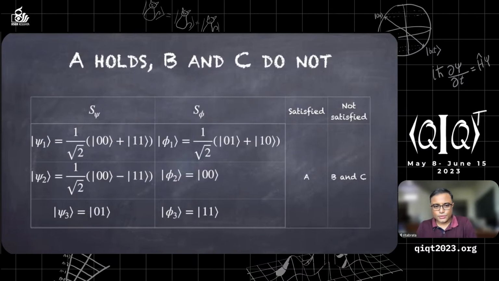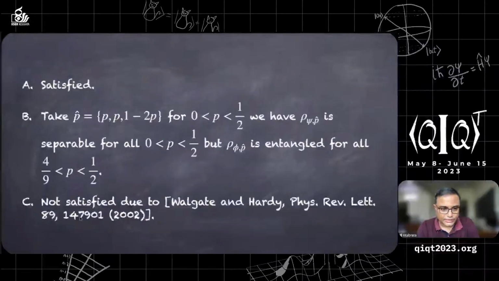So that actually shows that this set is more distinguishable and this set is less distinguishable, and hence there's no such transformation, because an LOCC transformation does not increase the distinguishability. So this is not possible. This is the idea for point number C.